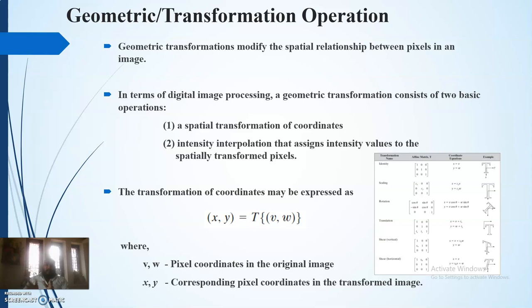Another transformation is shearing, that is, changing its position in the vertical or horizontal direction. So like that, various transformation operations can be carried out. This is expressed in a mathematical expression: x, y are the transformed image coordinates, T the transformation, and v, w the original image coordinates.